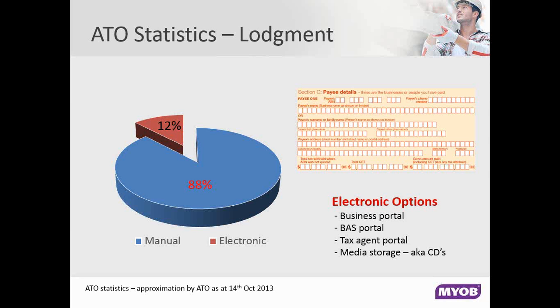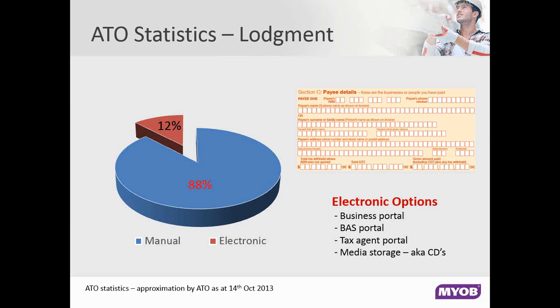Whereas if you used accounting software with taxable payments, you could have the whole lot done in about 5 or 10 minutes. This wasn't something that the ATO wanted as a burden for businesses, because they knew that software providers like MYOB would come up with a taxable payment solution that's quick and easy to use. So there's a lot of electronic options.